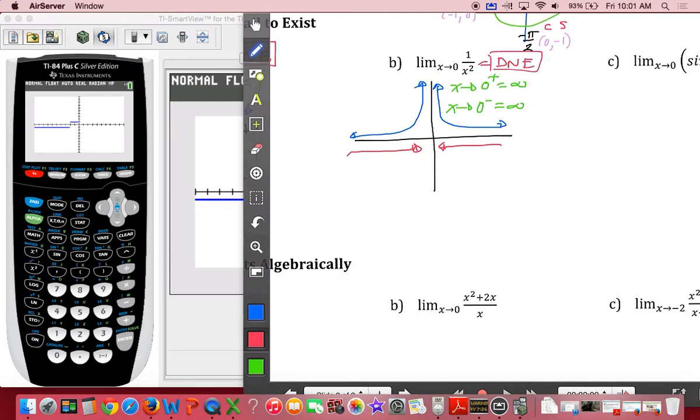Your reasoning below: as x approaches zero from either the left or right, f of x, which is your function, increases without bound.